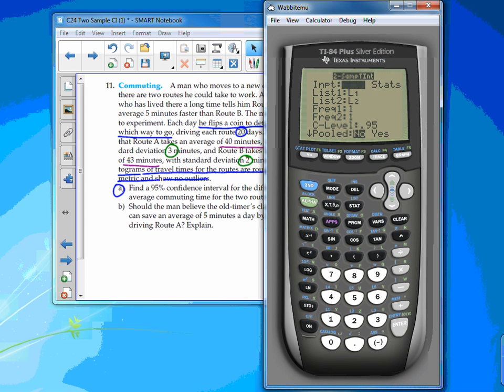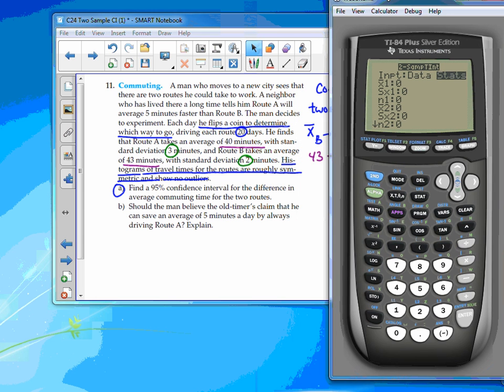Now there are two ways you can construct an interval and perform a test here on your calculator. There's the data option. That means you have a list of information and you put it in list 1, and you have another list of information that you put in list 2, and it'll calculate it for you. Then there's the stats option for if you have the mean and standard deviation and sample size, which we do.